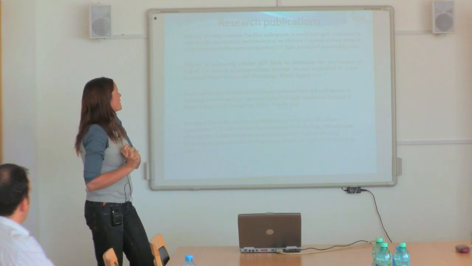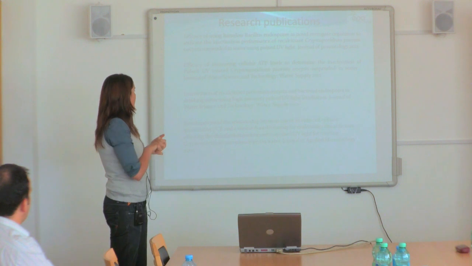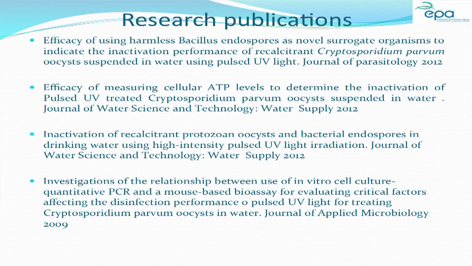This is just a couple of papers that myself and Neil have out since this project came up. I submitted one in August on this Bacillus spore surrogate for Cryptosporidium work that I've been doing, submitted to the Journal of Parasitology. Earlier in the year, we got a paper published in Water Science and Technology, looking at measuring the ATP levels of Cryptosporidium to see if that could provide a fast, rapid viability measurement of Cryptosporidium after UV treatment.